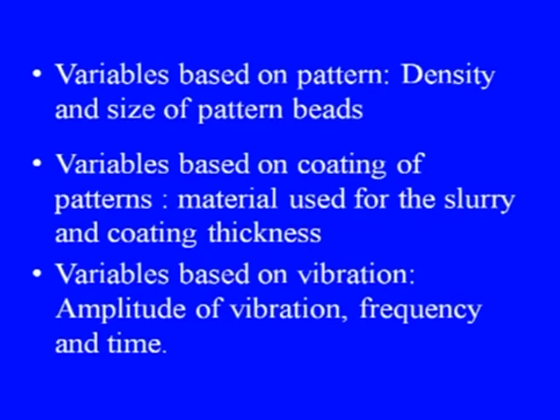Number 3, variables based on coating of the patterns. Variables are materials used for slurry and the coating thickness. Number 4, the group of variables based on vibration. Here the variables are amplitude of vibration, vibration frequency and time.